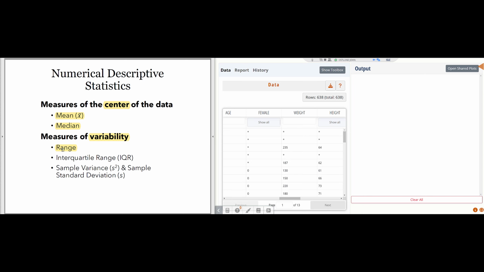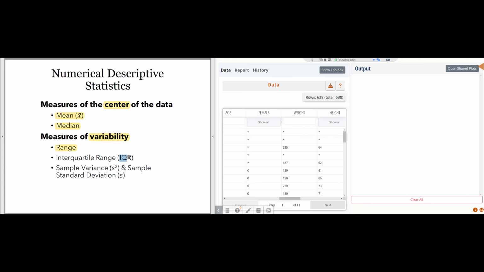It might go down to 0 or even negative values, and it might go way up to 30, 40, 50, or 60 on the positive side. So the range describes the distance from the minimum value to the maximum value, but it doesn't really tell you much about any other structure of that variability.